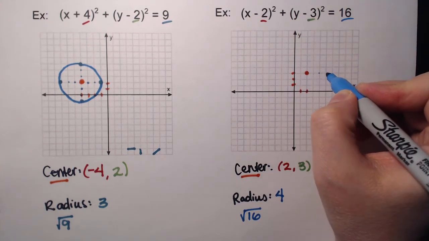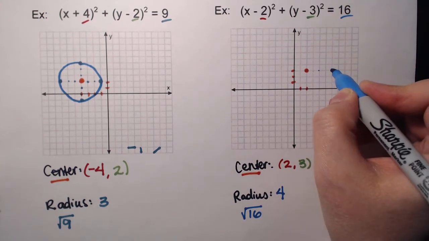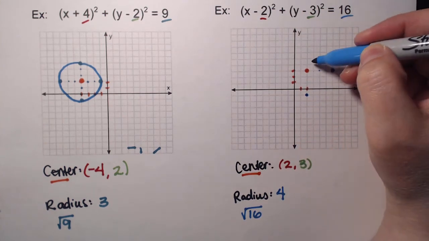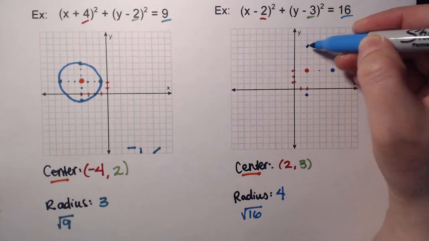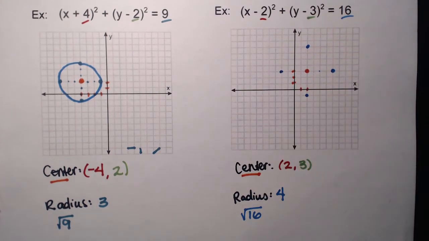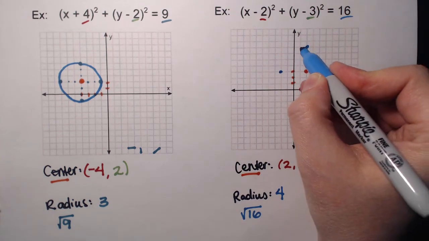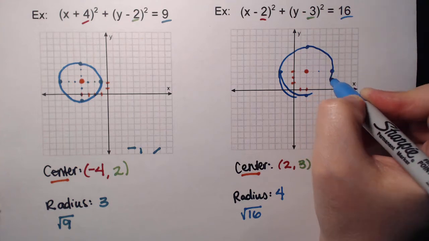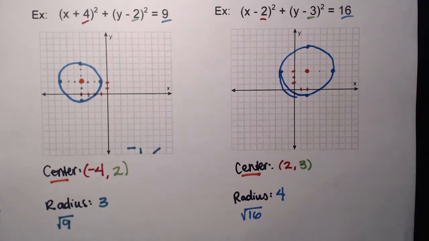So I go 1, 2, 3, 4 in each direction. This one's a little bit bigger. And then we try to draw a circle the best we can. So something like that, and that's how you graph circles.